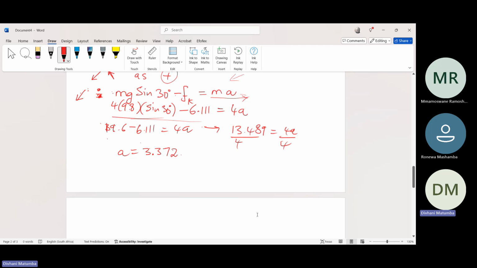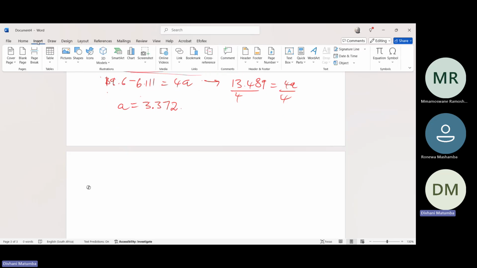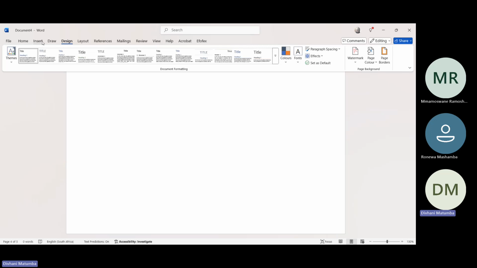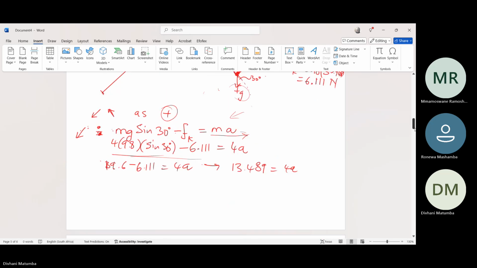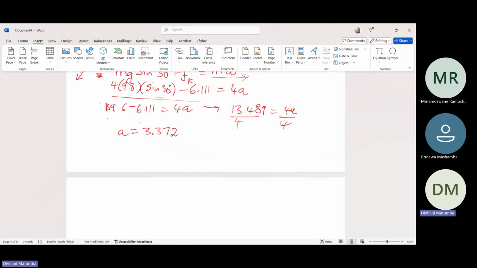Okay, now if we have that as an answer, let me insert a page. Another one. And another one. Okay. And what is the unit of acceleration? Meters per second squared. Okay.